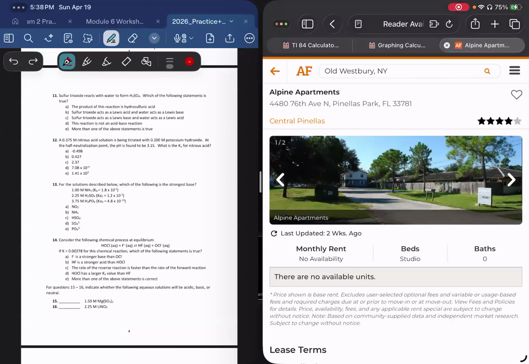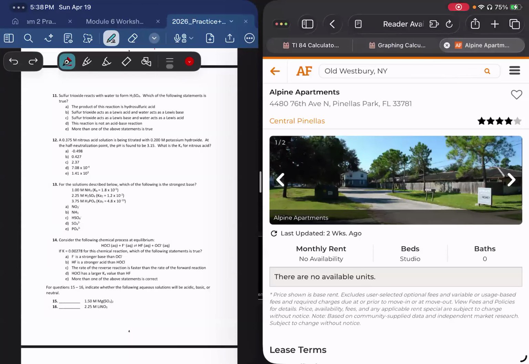And so this formula, pH is equal to pKa, is very important for things at the half neutralization point or the half equivalence point. In that, you can just simply use this to figure out the Ka. And so, yeah, they gave you the pH, which is 3.15. And so now you can figure out the pKa, or you can figure out the Ka, because that's equal to the pKa.